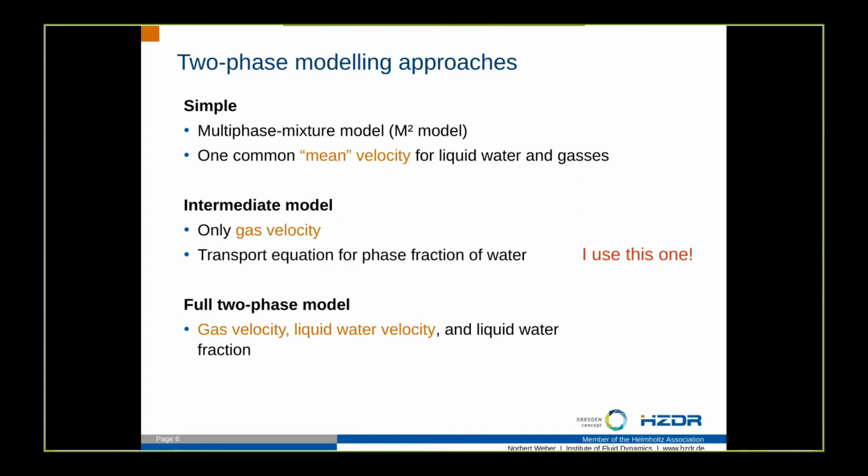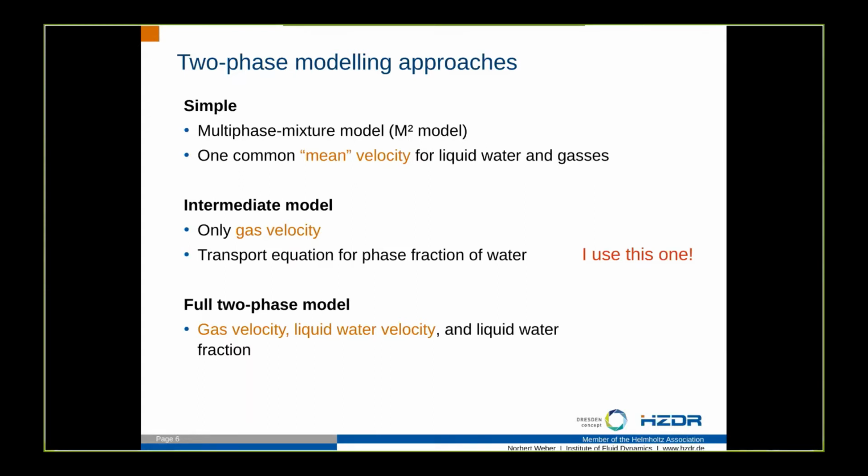This is simple and easy, but not so accurate. The most accurate approach would be to use an Euler-Euler model, which means solving the Navier-Stokes equation separately for the gas phase and the liquid water, and coupling these 2 velocities by some special terms.